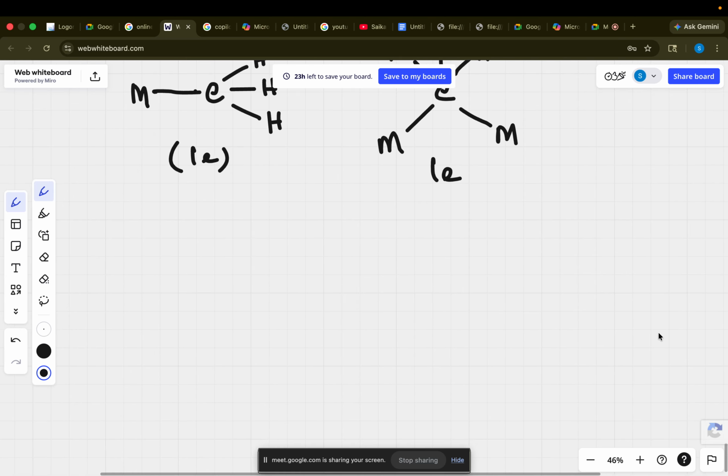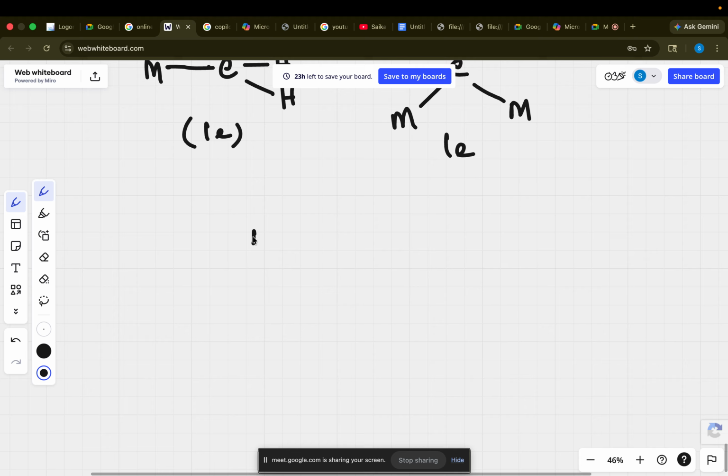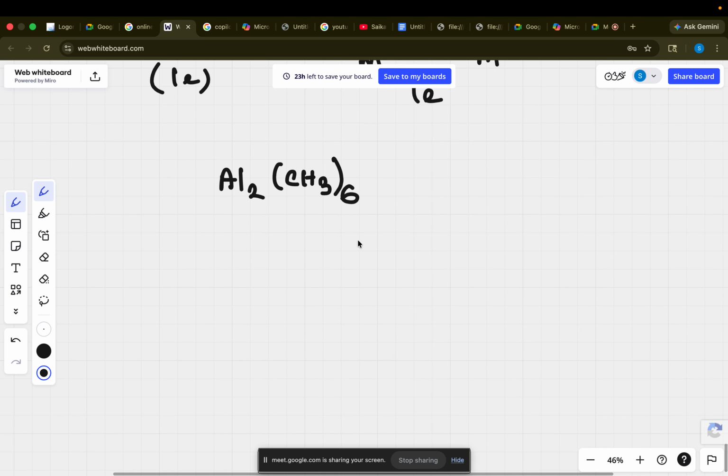Suppose you have this compound Al2(CH3)6. You have CH3 ligands here, and the structure basically looks like this.